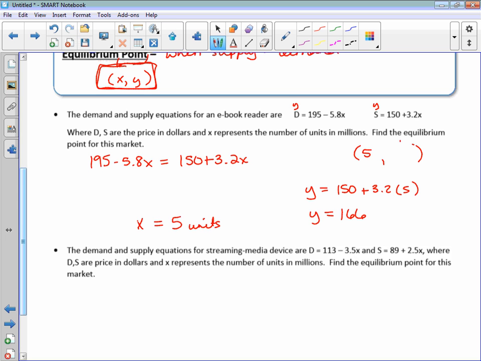All right, so your equilibrium point is 5 units, and it happens at $166, okay?